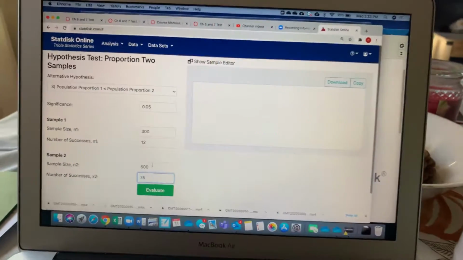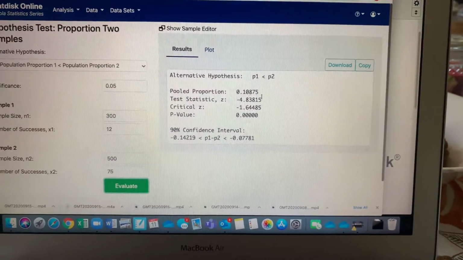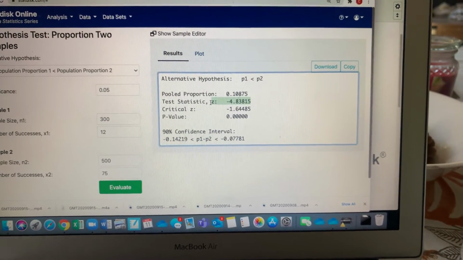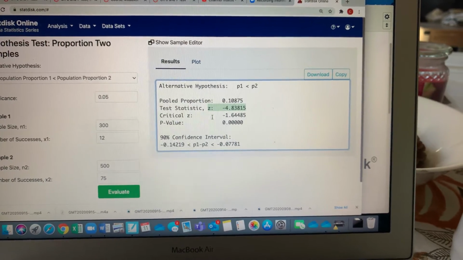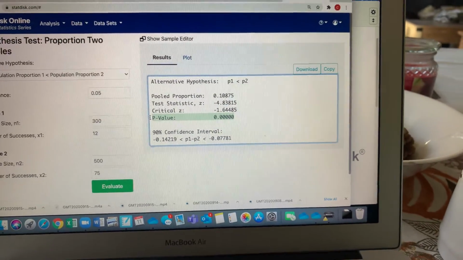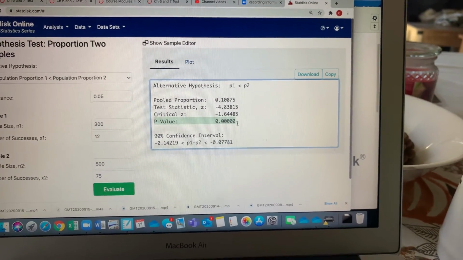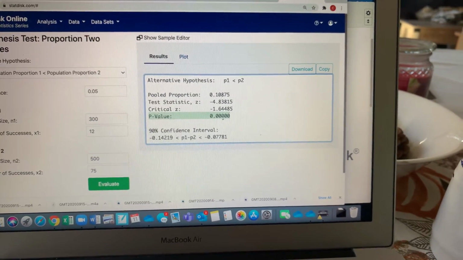Okay, and then when I hit evaluate, I get here my test statistic, Z, is negative 4.83, which I can tell, when I look at the area on a normal curve, is going to be a very, very small probability. So my p-value, it's not 0 exactly, or it would just say 0. It must be some very, very small decimal that, when you round to 5 decimal places, does not have any significant digits.